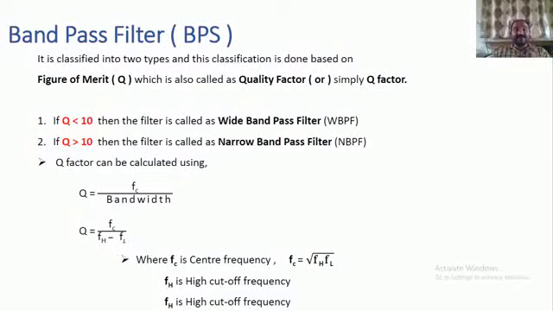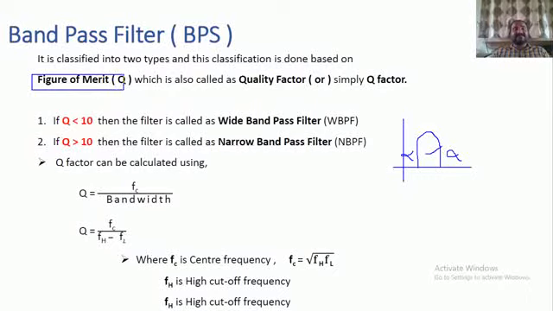How effectively the circuit is accepting only this band of frequency components and avoiding this part as well as this part, accepting only the components between these two limits. That is your figure of merit. I can say it is the selectivity of the circuit.